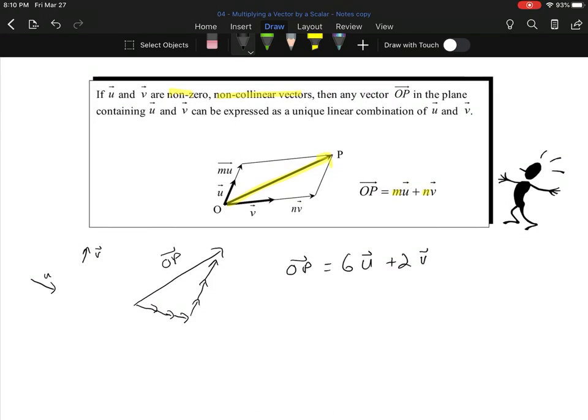So maybe it'll be like 6 U's and 2 V's, or 3.2 U's and 4.1 V's, or, it really depends on the situation. So I've drawn an easy looking one, but they can get weird looking so that you might get negative 2 U's plus 4.1 V's. We don't know what these numbers are going to be until we get some more evidence.